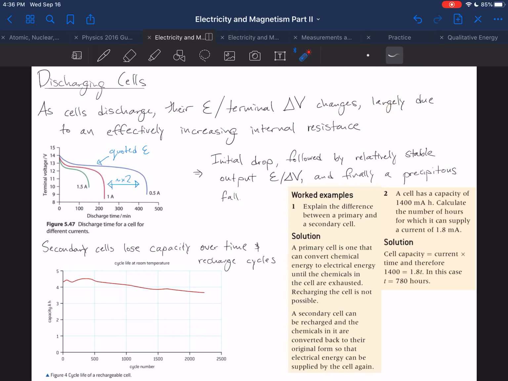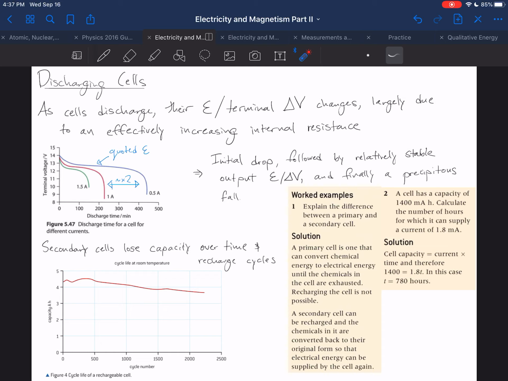As a result of that increasing internal resistance, you actually get a very distinct, what's known as a discharge curve, for most chemicals. A discharge curve looks something like this. There's almost always a particularly quoted EMF that is equal to the average terminal potential difference for most of the lifetime of the battery.